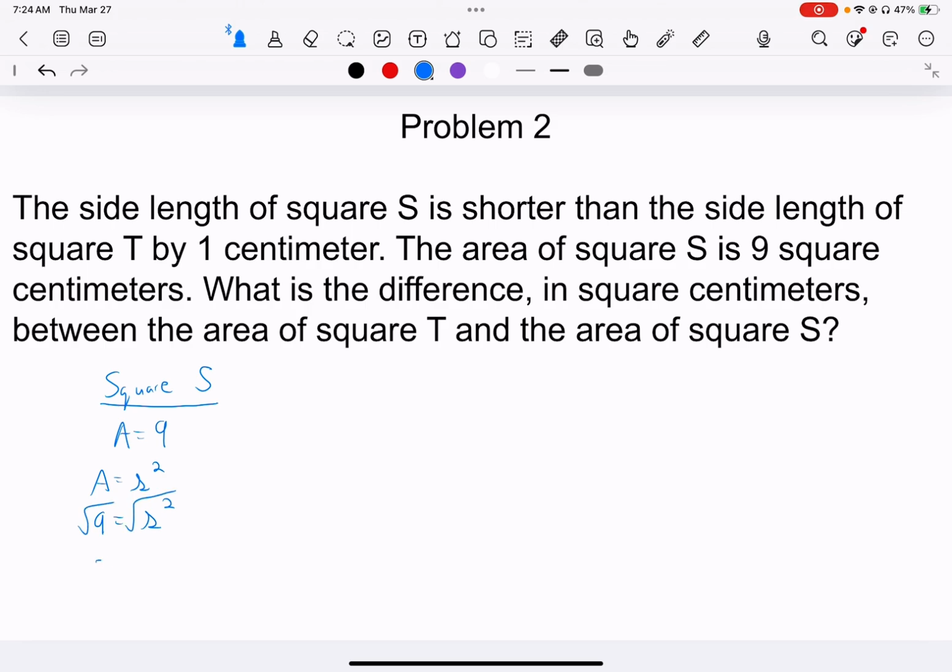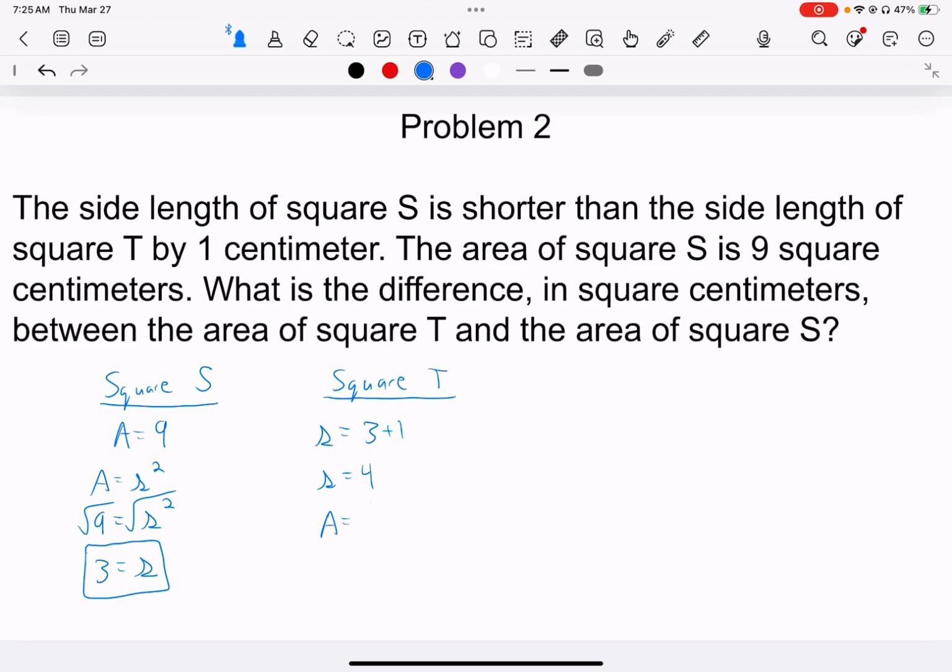So I can take the square root of each side and get that the side length for square S would be 3. So that means for square T, I can now find the side length. The side length of square S is shorter than T by 1 centimeter. So that means the side length for T is going to be 3 plus 1, or 4.